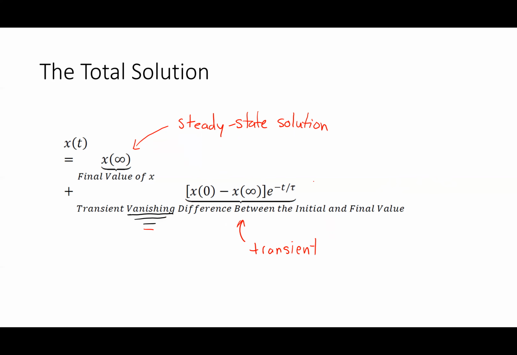In other words, what's true about the transient response always? If I wait long enough, what happens to the transient response? It better go away. It's transient, meaning it's vanishing. It should disappear if I wait long enough. In fact, as you get into 2112, the whole principle of it is that the transient response doesn't really matter most of the time.